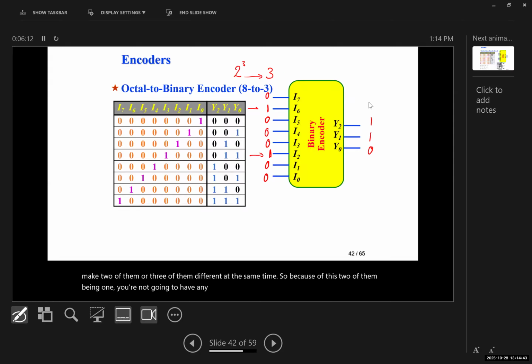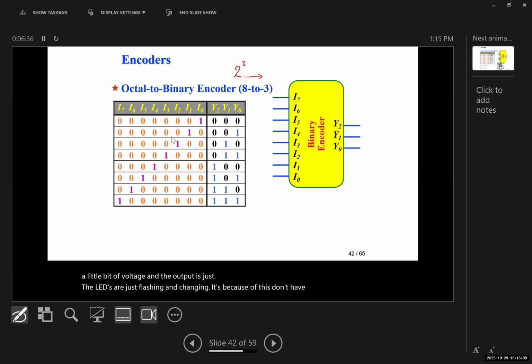It's going to create an error. That's the reason sometimes you see in a binary encoder IC, you accidentally don't properly ground one of the inputs. It has a little bit of voltage and the LEDs are just flashing and changing. It's because of this. Don't have any solid answer.